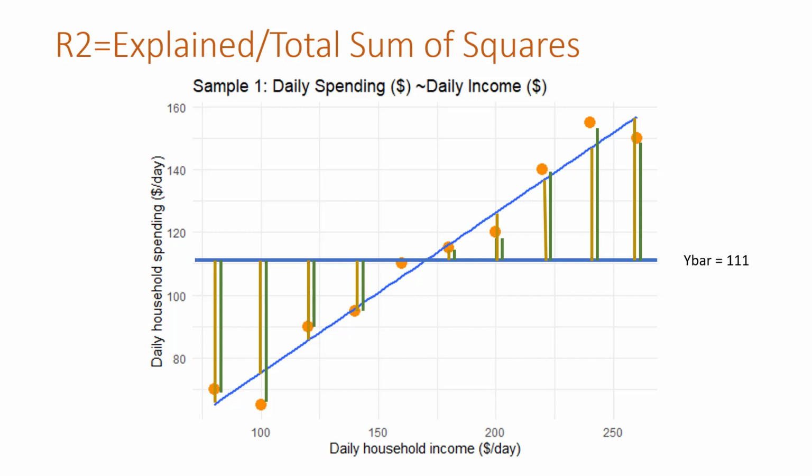And the total sum of squares is the green line, which is the distance between each observation and the mean, or y bar. And so we can see here that the percentage of explained of total is pretty high. So let's check out R and see what our R squared, or coefficient of determination, is.